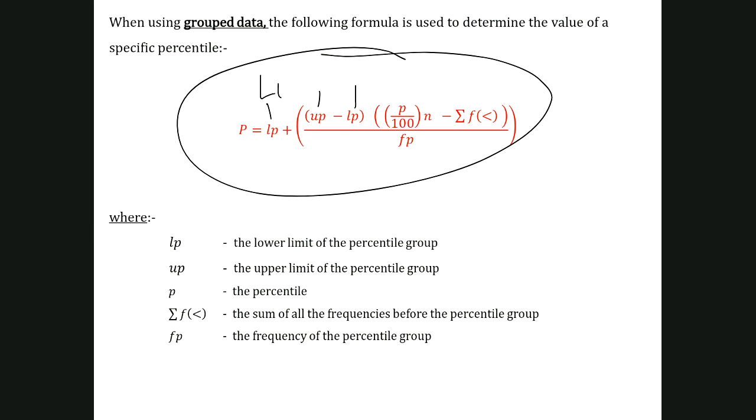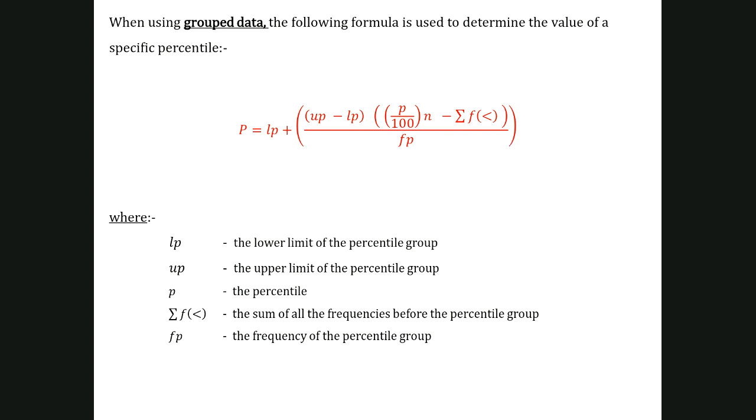So again, if the interval says 20 to 29, for example, it should say UL, but this is how it appears in your formula sheet. Sorry, 20 is your lower limit, and 29 is your upper limit.